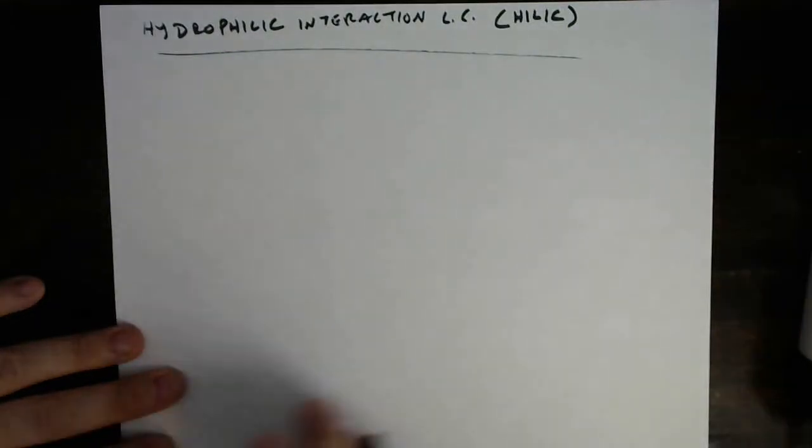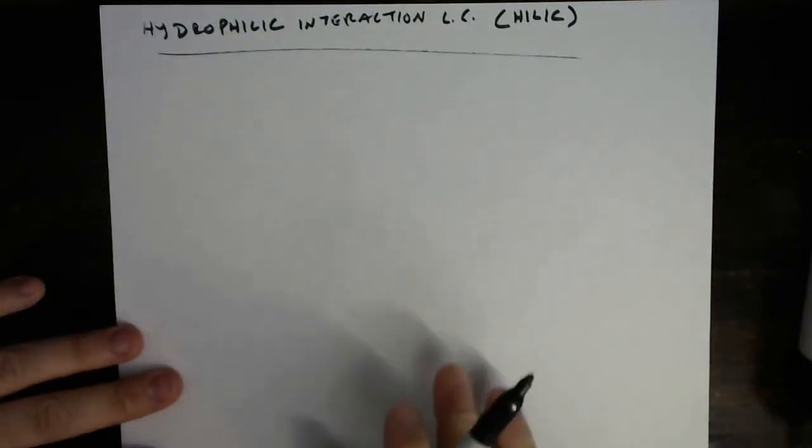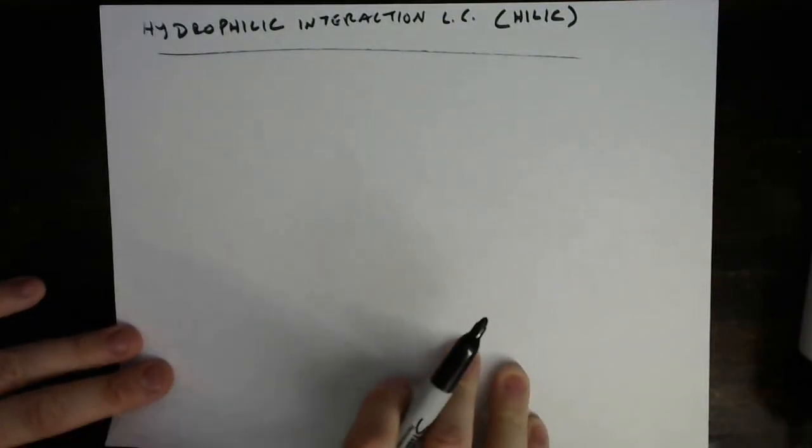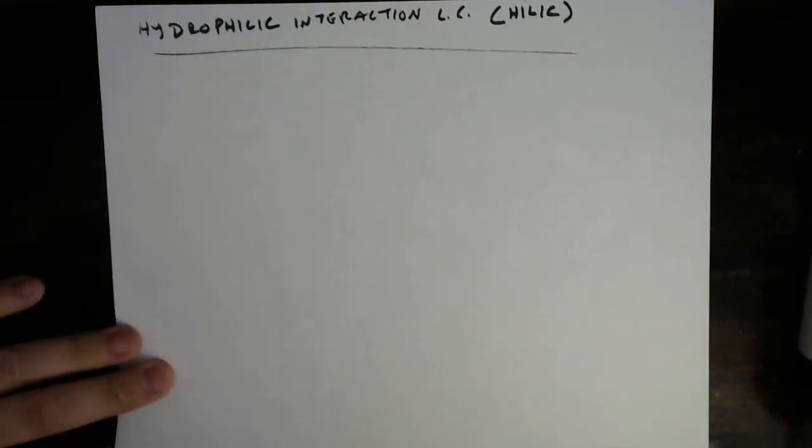Okay, HILIC. And we've talked about how these modes are differing based on the composition of the stationary phase and essentially the composition, what makes the mobile phase strong. And the good news is actually we've already seen what we need to see on this.